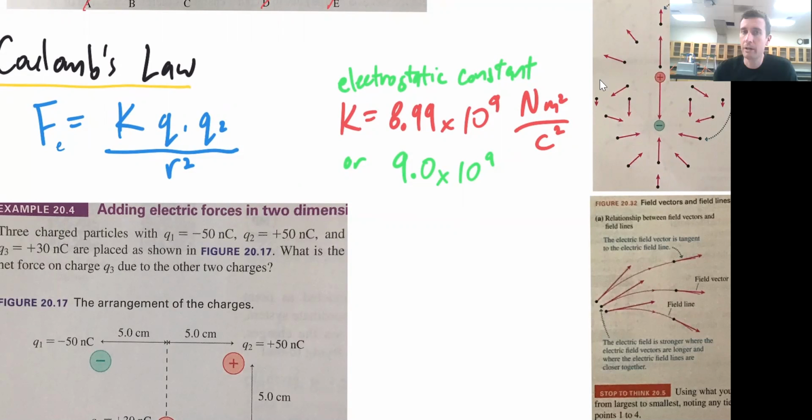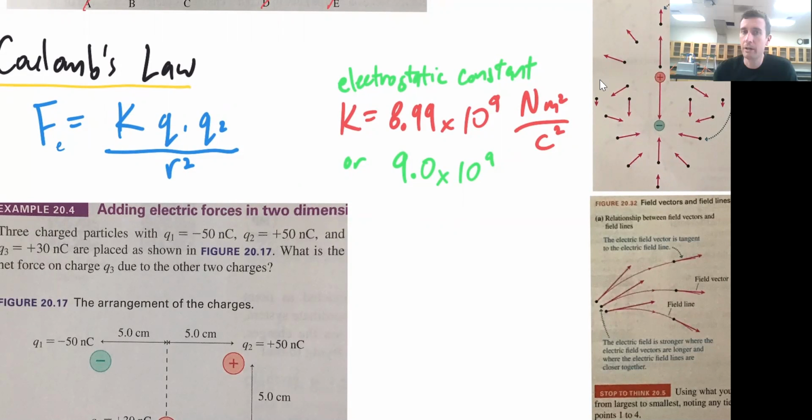Now you might notice that this formula looks really similar to one that you've seen before. It's almost identical to the force of gravity. Remember, the force of gravity was big G m1 m2 over d squared. So that was the gravitational constant, times the masses over the distance between the two masses squared.